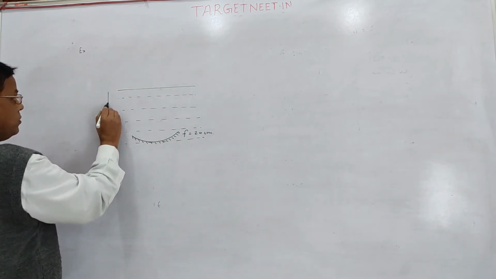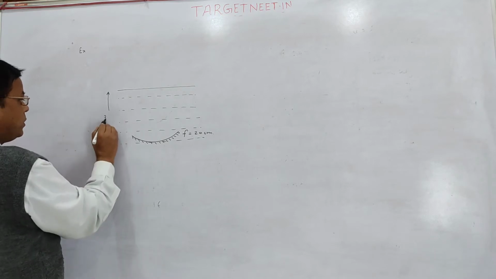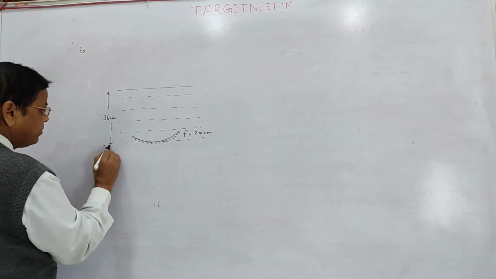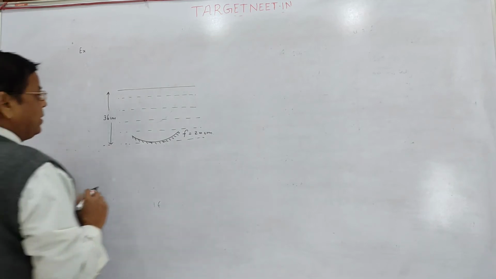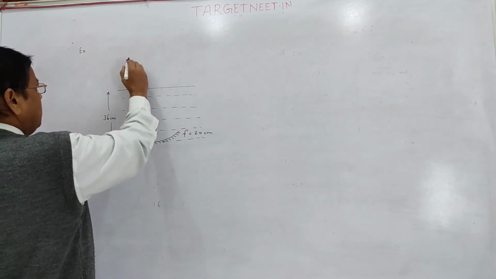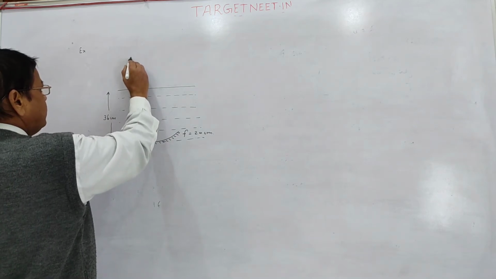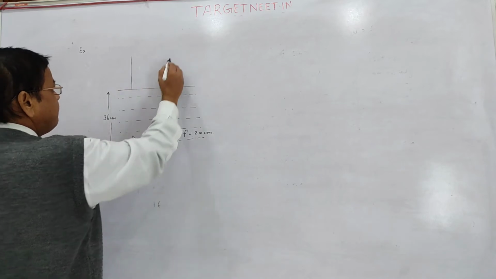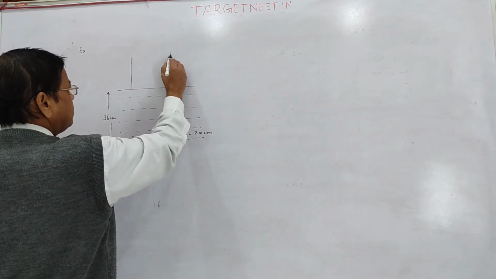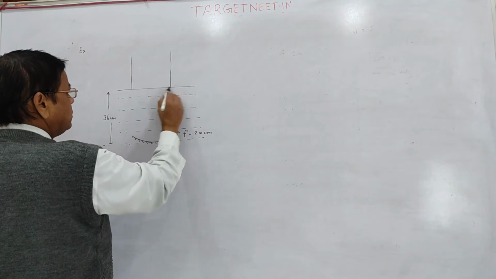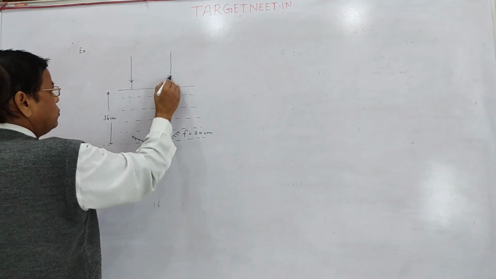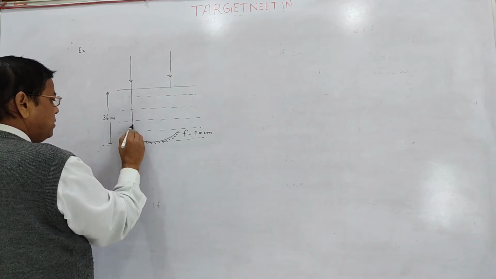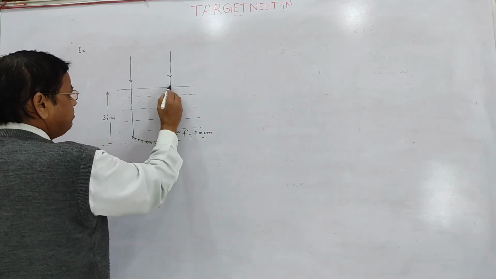And suppose this distance is 36 centimeters. If a parallel beam of light is incident on the water surface like this, normally, so it goes undeviated and gets incident on the mirror.